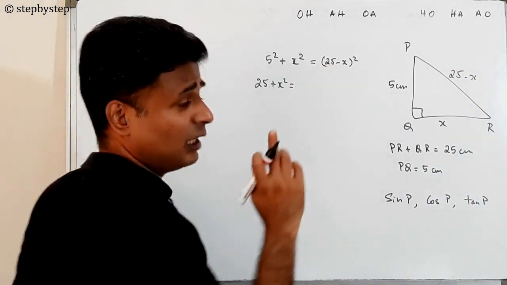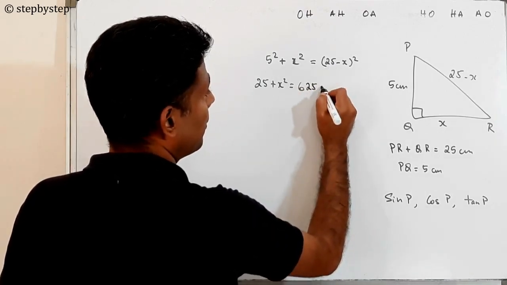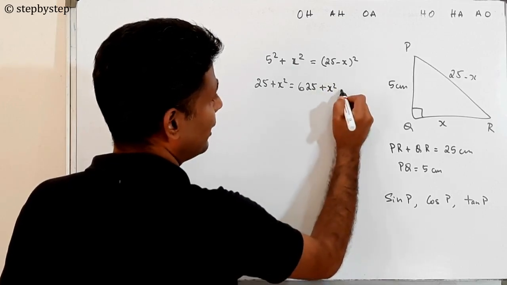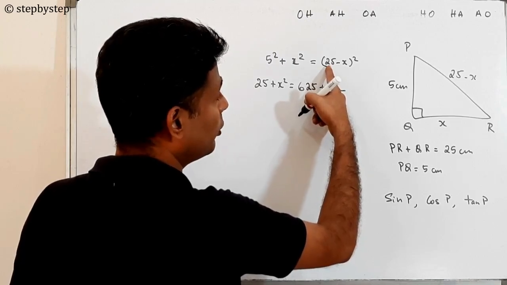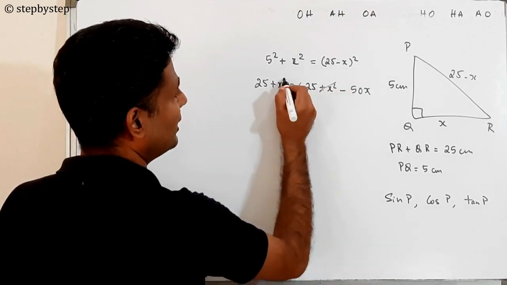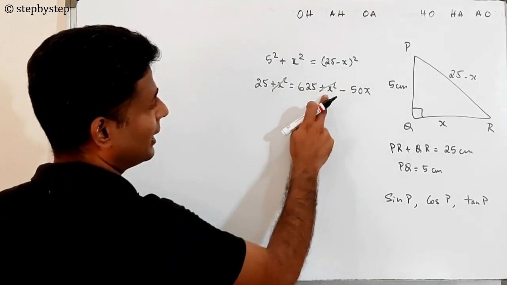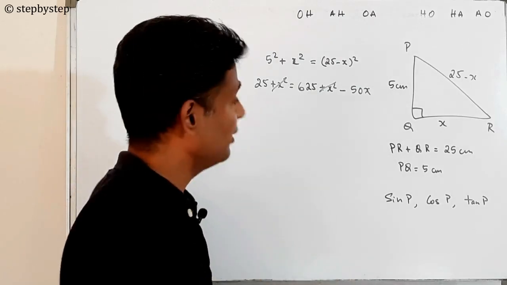It is a minus b whole square formula. So a square, that is 625, plus b square, that is x square, minus 2ab. 2 into a, 2 into 25, 50x. Right? Now this x square and this x square cancel. Why? Because when I get plus x square this side, it becomes minus x square. So x square minus x square, 0.